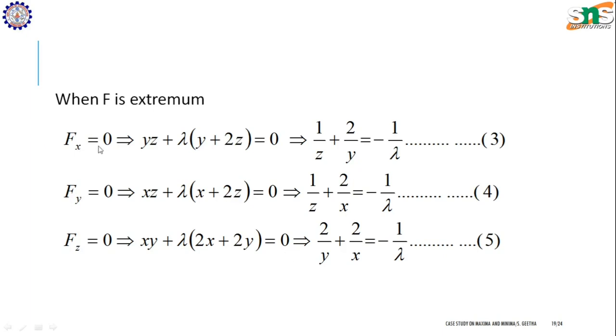Fx = 0 means this equation becomes 1/z + 2/y = −1/λ. Fy = 0 means this equation becomes 1/z + 2/x = −1/λ. Fz = 0 means this equation implies 2/y + 2/x = −1/λ. Keep this as equations 3, 4 and 5.